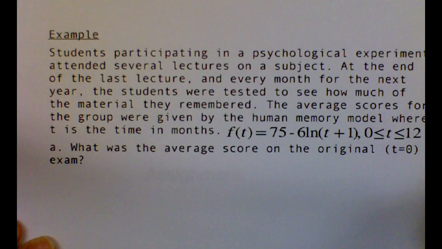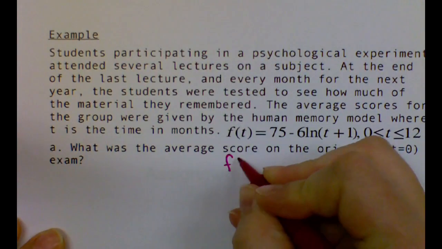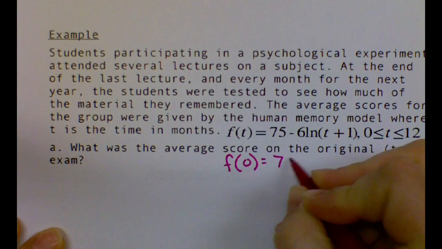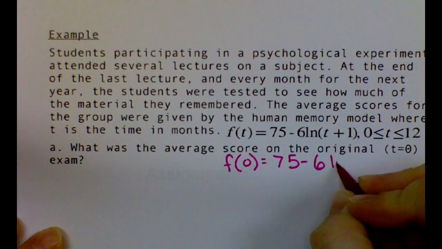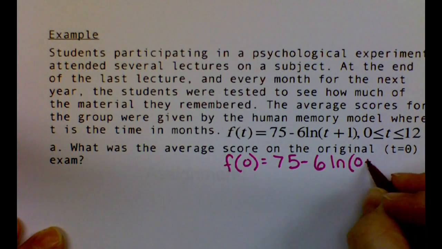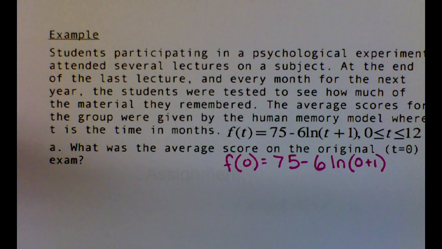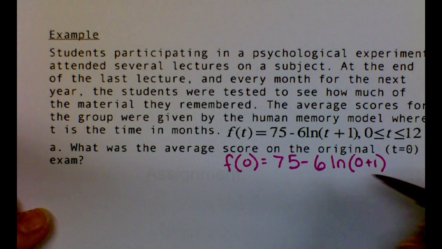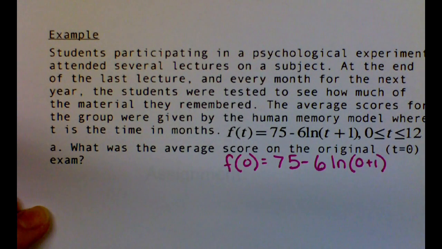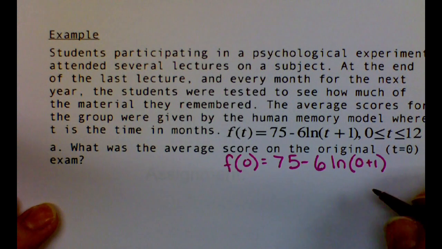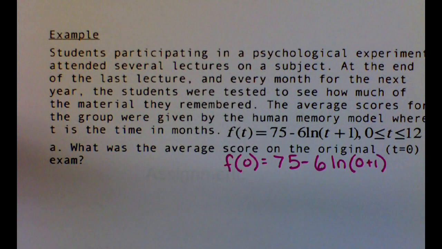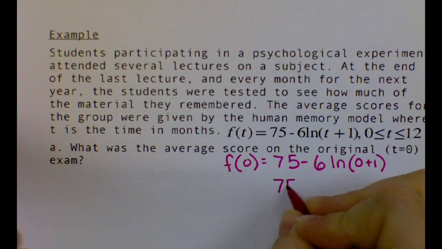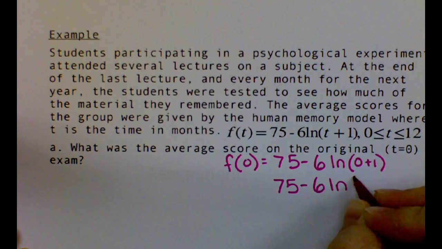So if we plug in t equals 0, f of 0 equals 75 minus 6 ln of 0 plus 1. Now I could obviously plug this in a calculator, but we can also do it by hand. ln of 0 plus 1 is ln of 1. So 75 minus 6 ln of 1.